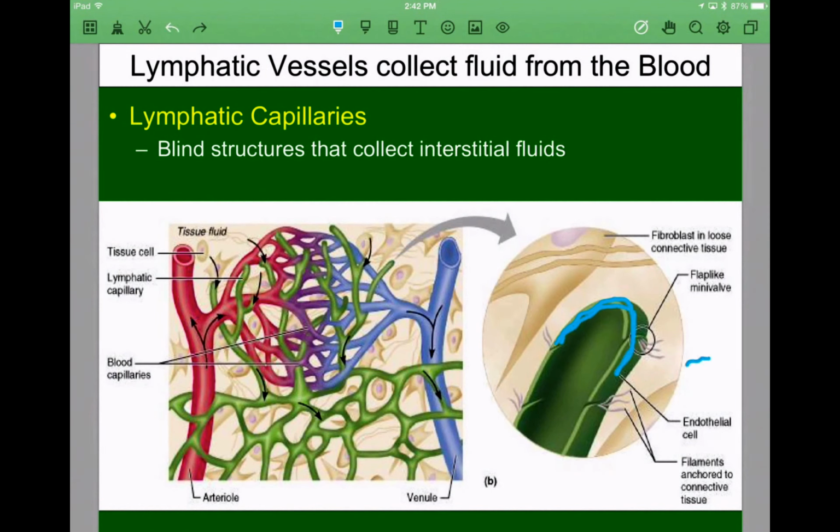So the fluids will flow in through these regular junctions under pressure, and they can't flow backwards. It's just like a one-way system here. And the valves, of course, help out in the direction of the flow of lymph.